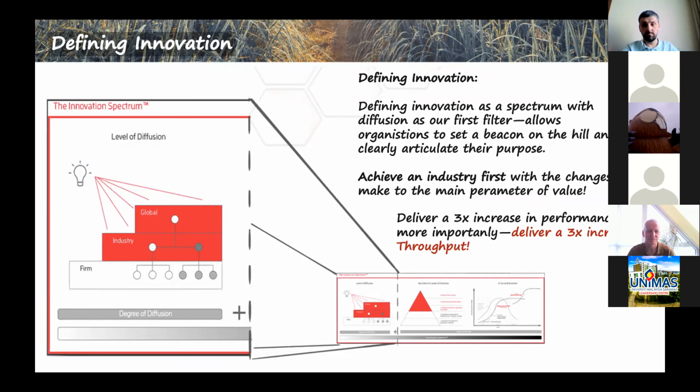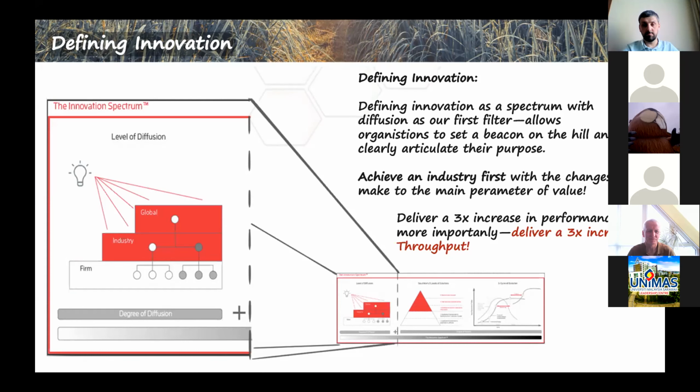There's a lot that can happen in terms of innovation, but the question is, how do we get on the spectrum? And so I plant a flag in the minds of the stakeholders that says, let's aim for an industry first, okay? If you're able to achieve an industry first in that main parameter value for whatever that service offering is, you've moved into the realm of innovation.